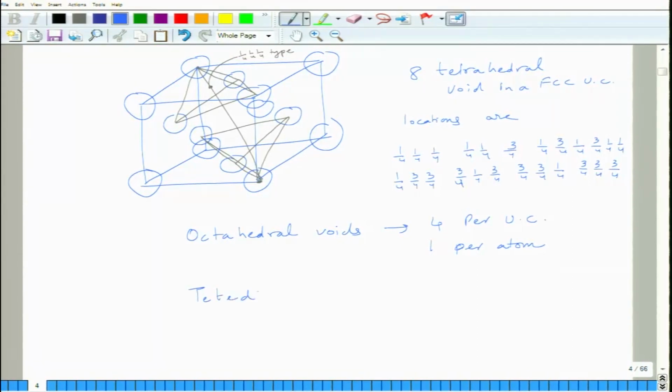Tetrahedral voids are 8 per unit cell or 2 per atom. Same is the case with HCP.